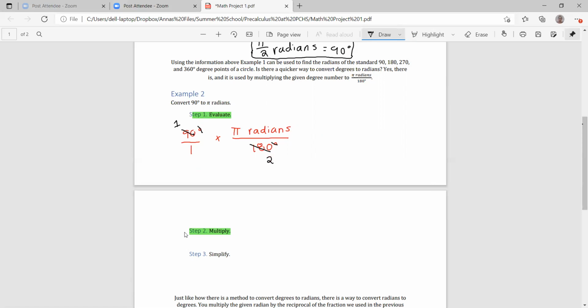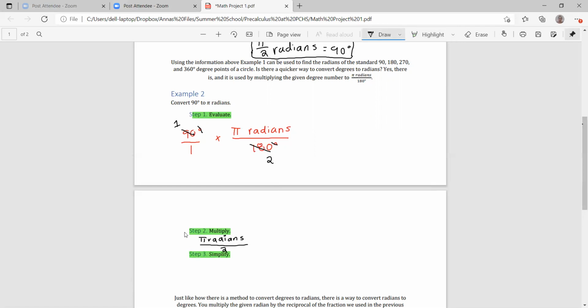So now we're just going to multiply this across. Numerator to numerator, we have pi radians on the top. And in the denominator, if we multiply this across, we have 2. So now again, let's make this more readable by using step 3 and simplifying.